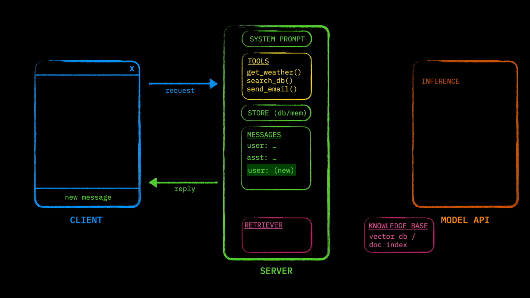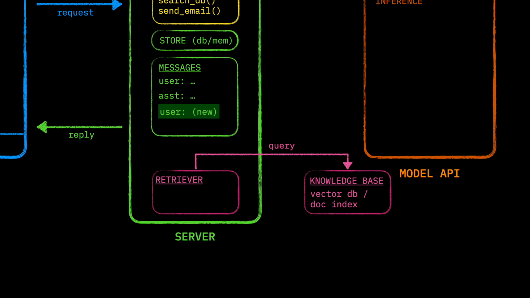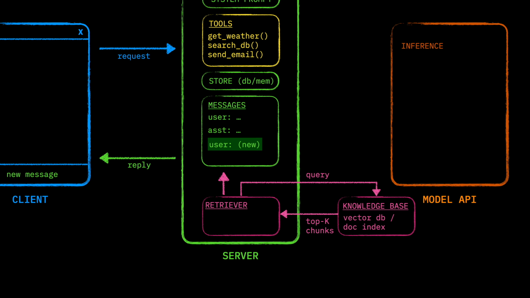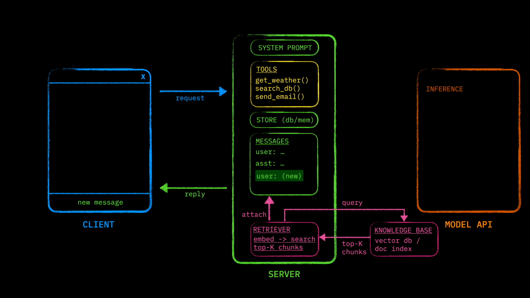First, it queries the knowledge base for content relevant to the question. The store returns the top few most relevant chunks, passages, paragraphs, snippets, whatever matches the query best. The server attaches those chunks to the user's message and only then sends the request to the model.